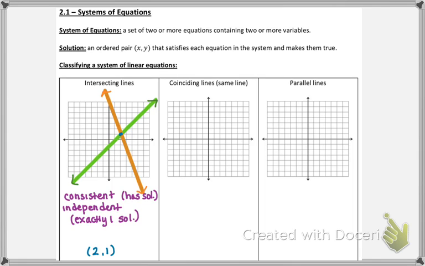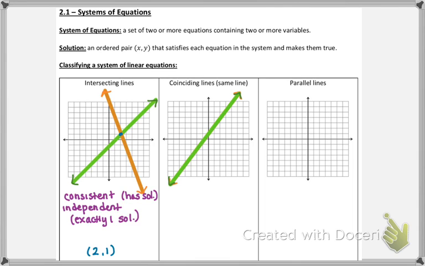Scenario number 2 is you could have two lines that are overlapping, coinciding lines, or the same line. So you would have one line, you can draw any line again, and then you would have the second line right on top of the first line, and they intersect everywhere. They overlap.